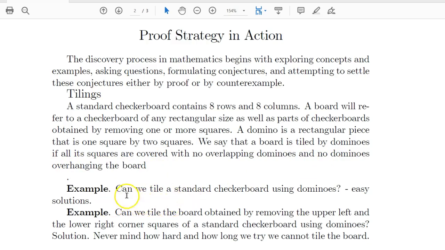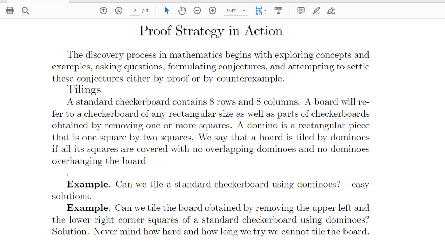Example: can we tile a standard checkerboard using dominoes? Everybody can find a solution to this easy problem.